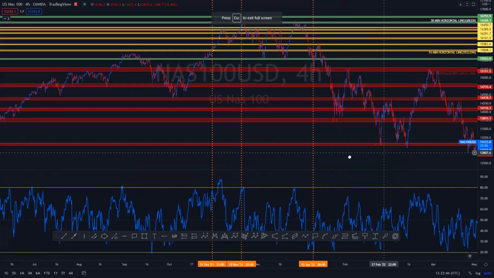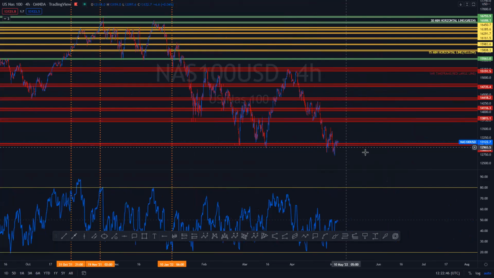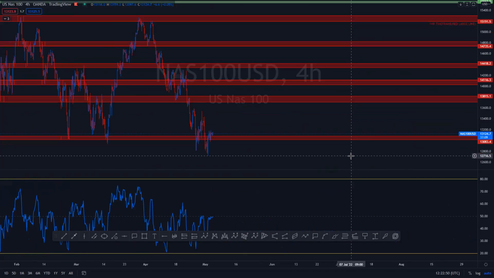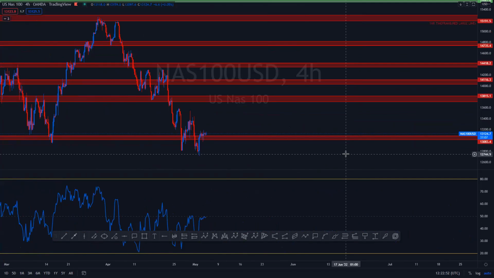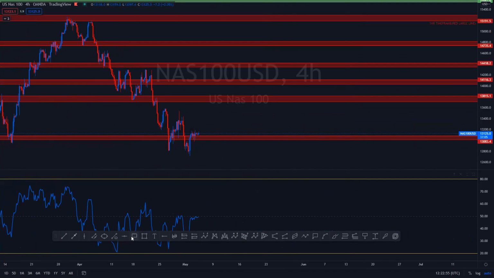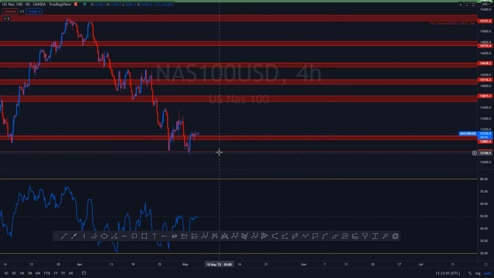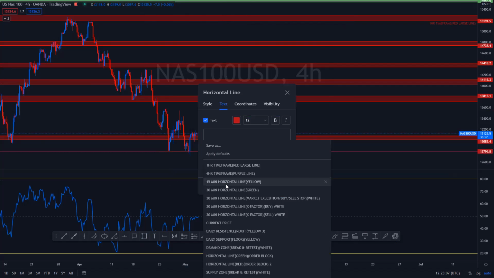So now we're going to move on forward. And this is where current price is at now. So probably what I'm going to do is draw another line here.